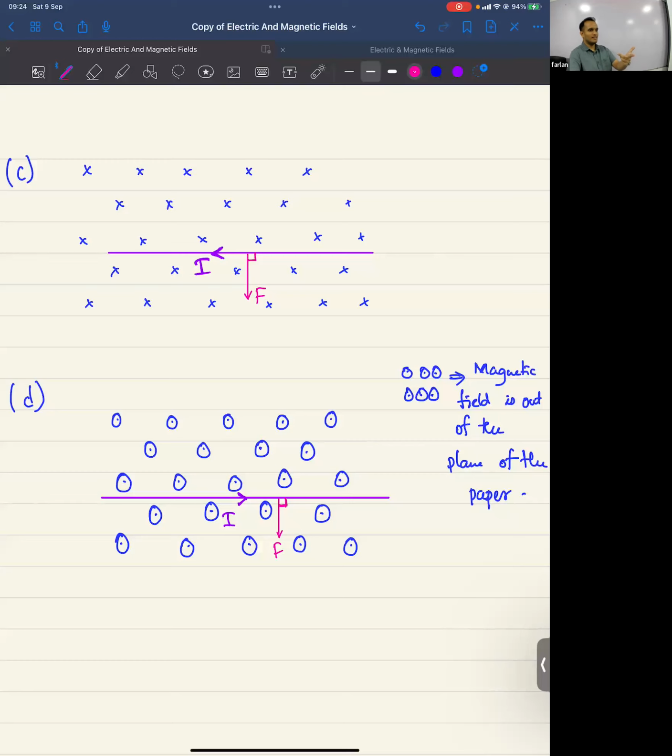It was Fleming's left hand rule. There is Fleming's right hand rule also, sir. Fleming's right hand rule is different, for a different purpose. I'm talking about this case, to find the direction of the force, I have my own rule. You want to know? Listen.